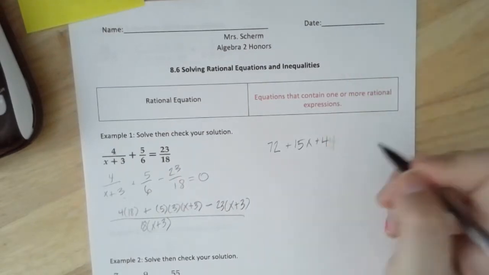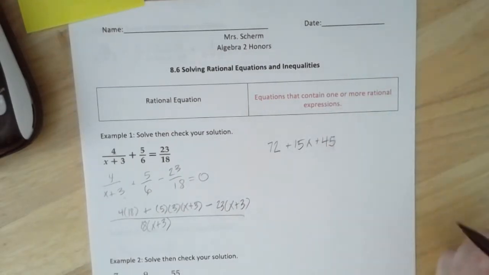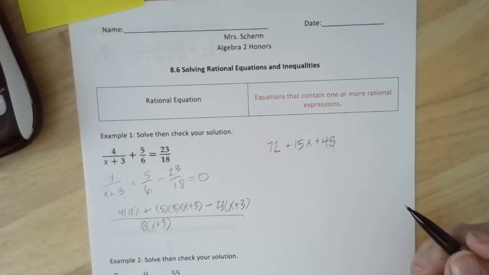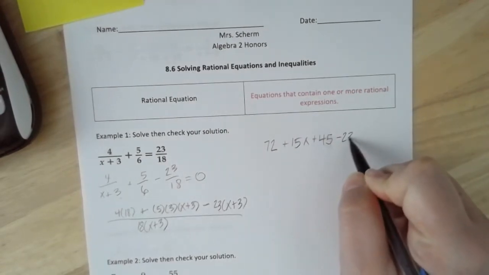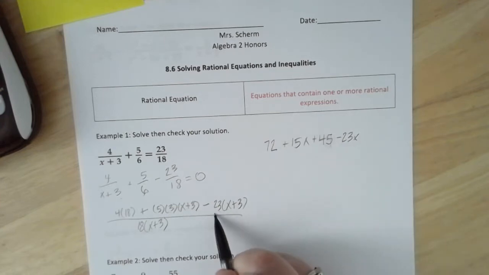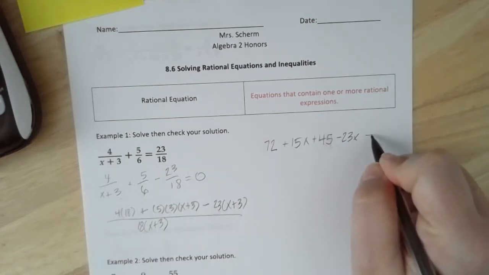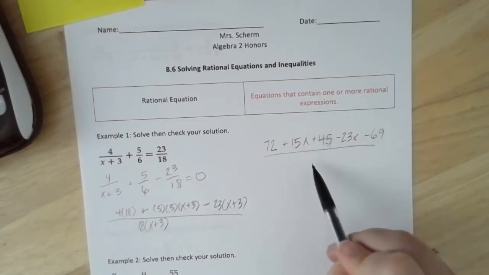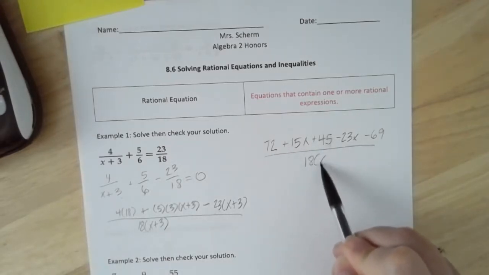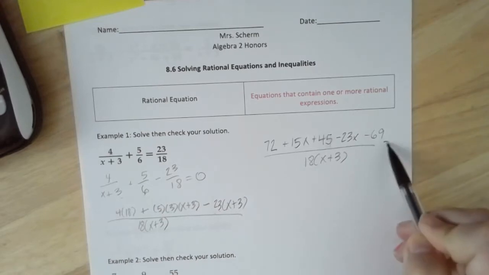I said it, but I didn't write it. 45. Negative 23 times x, negative 23x. Negative 23 times 3 is negative 69. All of that is over your 18 times x plus 3.